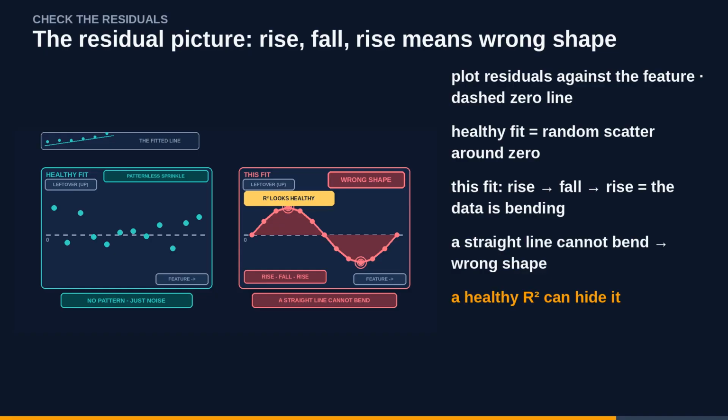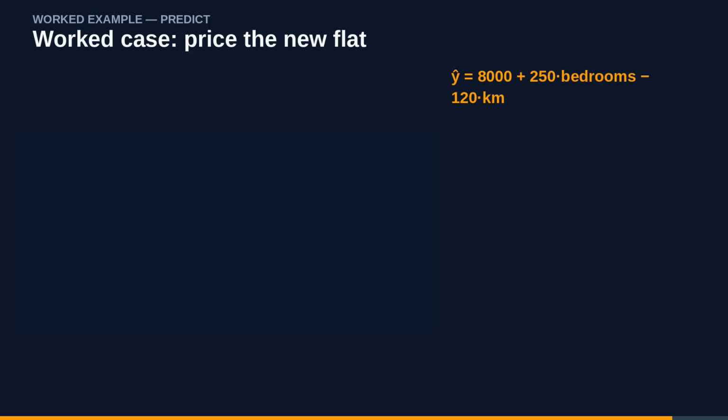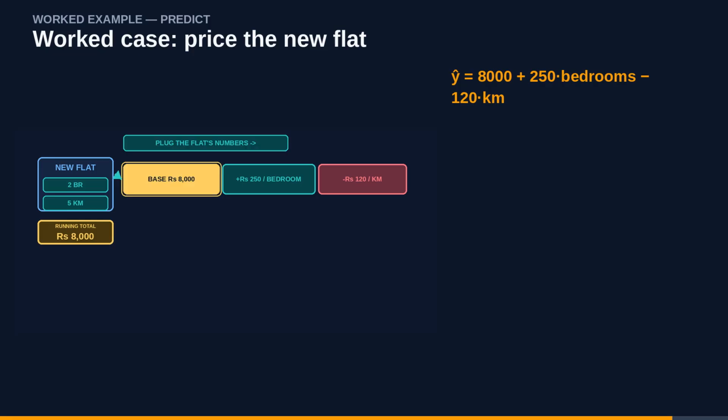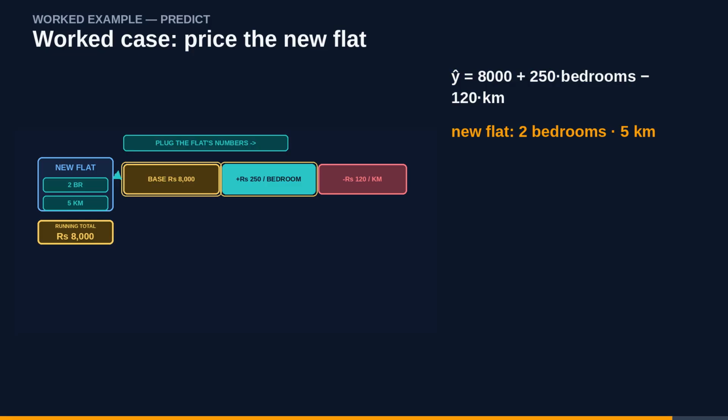So treat any fitted line as a baseline, not a truth. One honest look at the residual plot catches what the score hides. Price a flat the model has never seen, using the fitted line, and read every move in rupees. Plug the flat's own numbers into the recipe: 8,000 plus 250 times 2 minus 120 times 5.